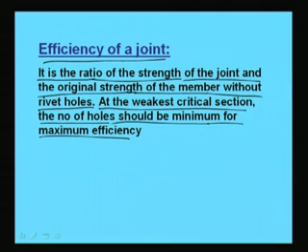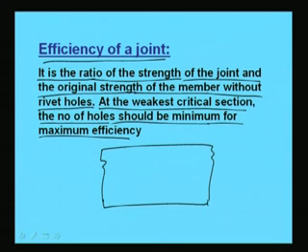We have to see that at the weakest section the number of holes should be minimum. That means, say we have two plates under tension, as usual, like this and another one like this. Different types of failure may happen.